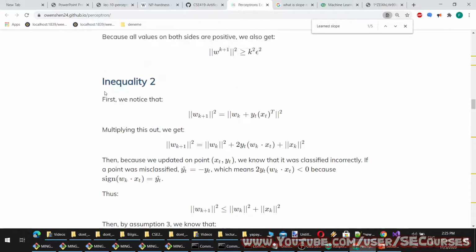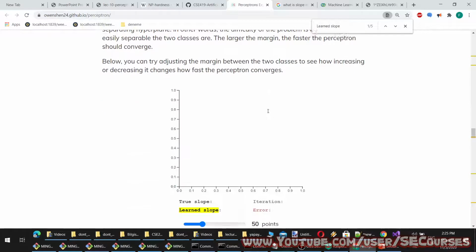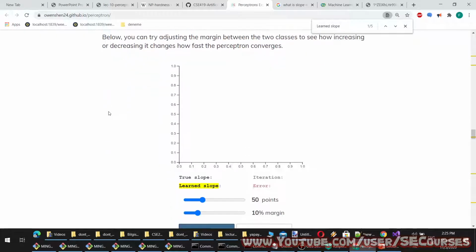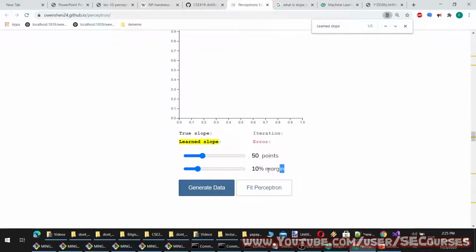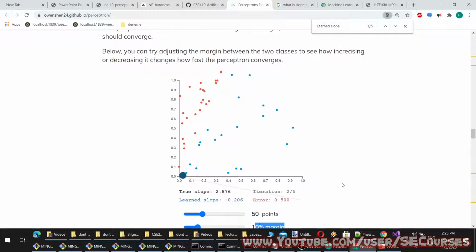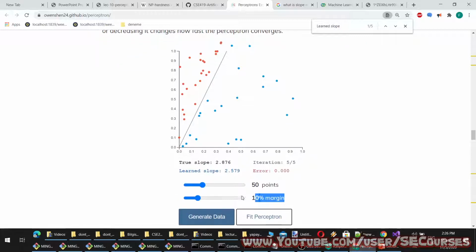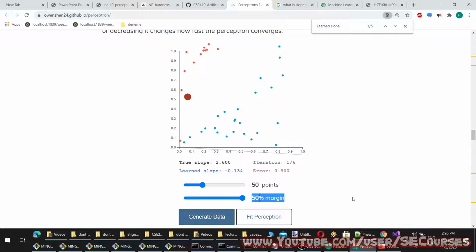And there is a convergence proof. These are all mathematical equations. And then changing the margin. Okay, here, generate data. Okay, so let's try with 50 margin.